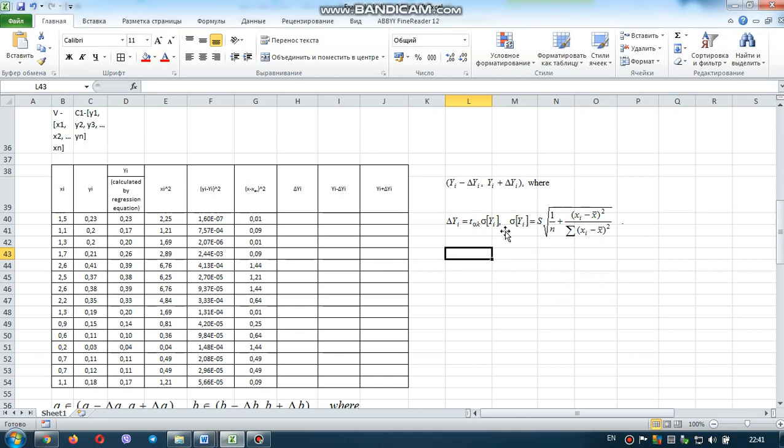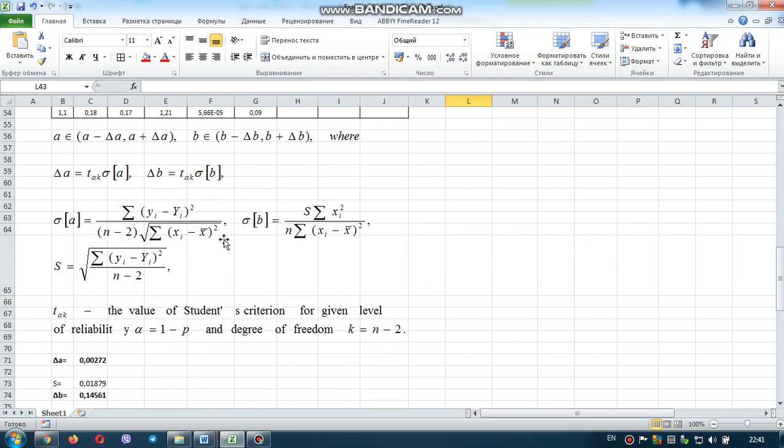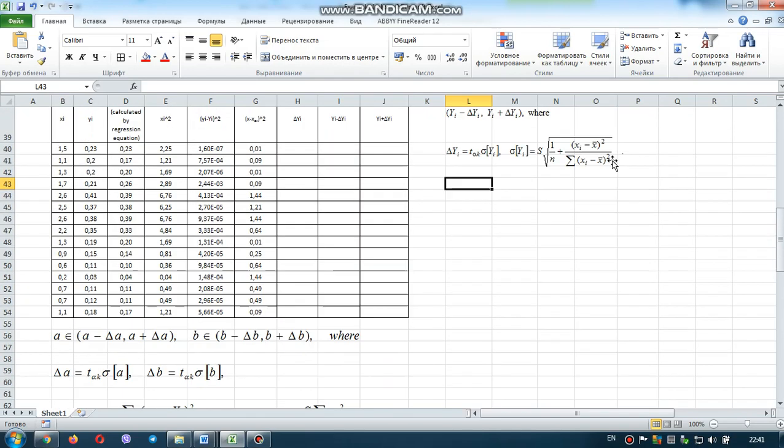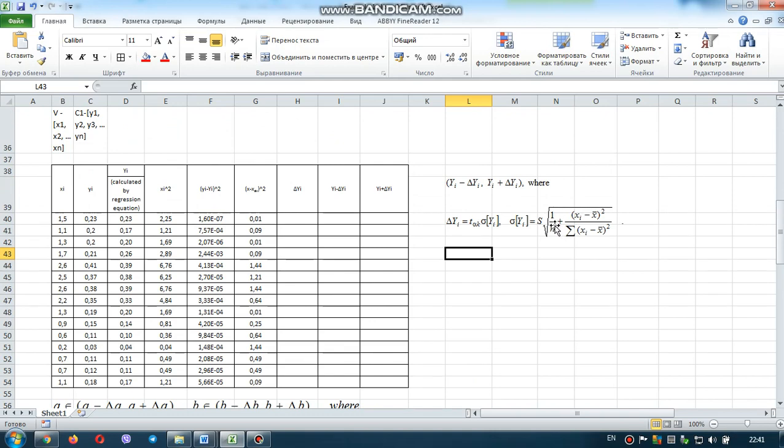What have we to know? We have to know the t criterion, the student's criterion, we know it, and we have to calculate the sigma value. Sigma value is determined by this expression. We know the S value, we know this value, and we know these values. So we can fill this table without any problems. So let's do it.